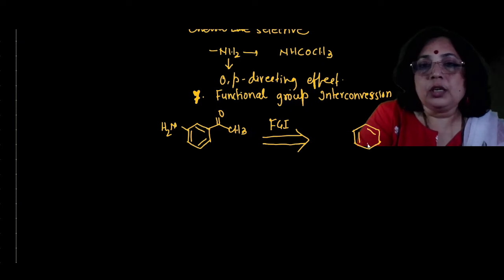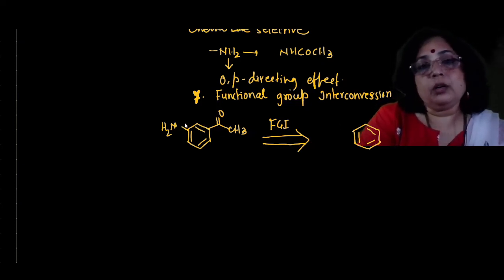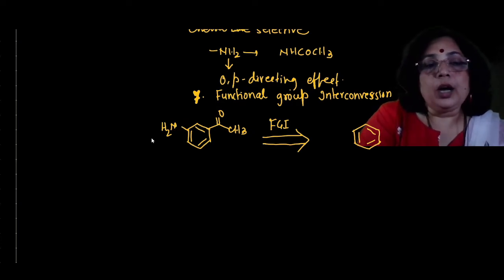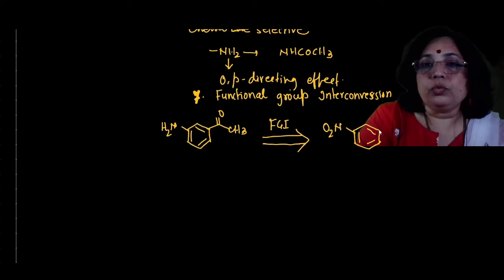Your operation is conversion of functional group. Now here, which functional group am I going to convert? I am focusing on NH2. So the conversion will be NO2. NH2 is converted into NO2. And the CH3 will remain as it is.